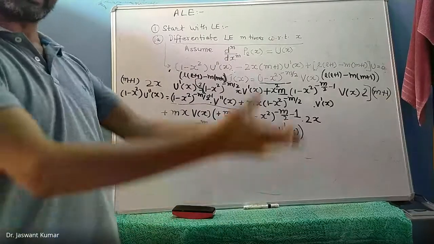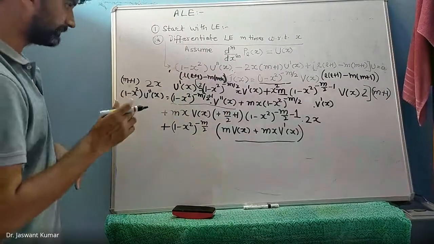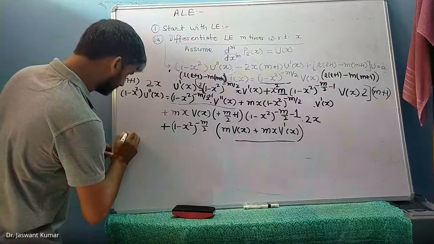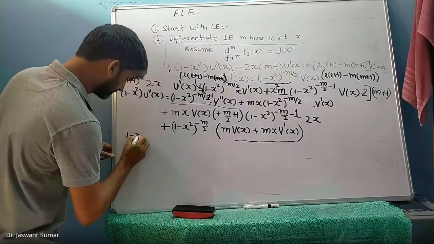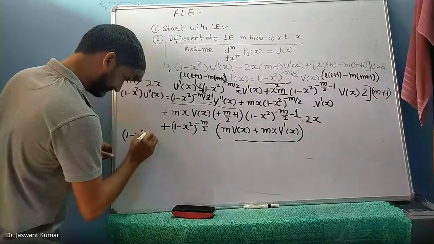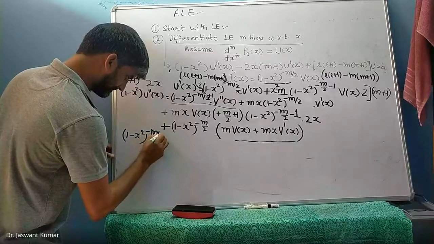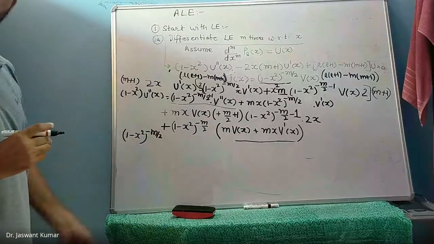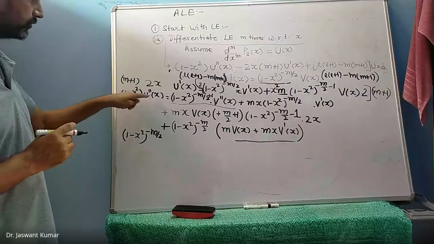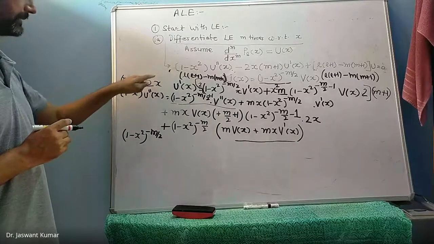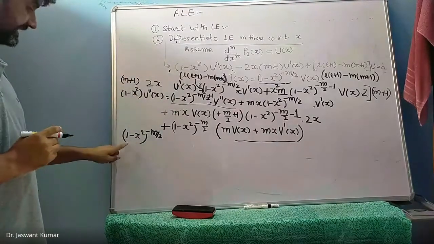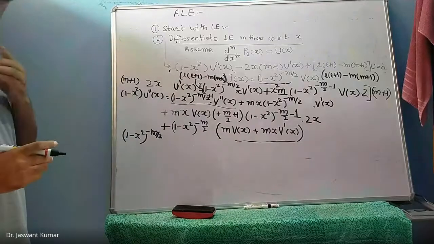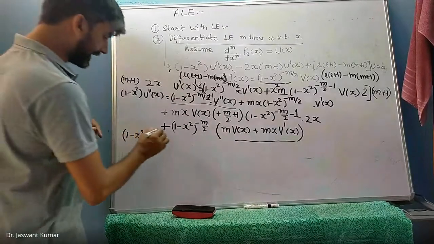So we take this 1 minus x squared to the power minus m by 2 common. So this is an overall common factor when you do term number 3 plus term number 1 minus term number 2. Then this factor comes out common overall.